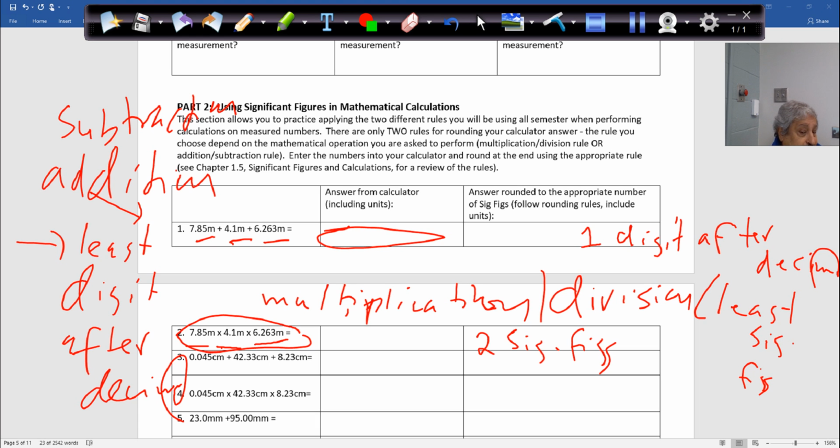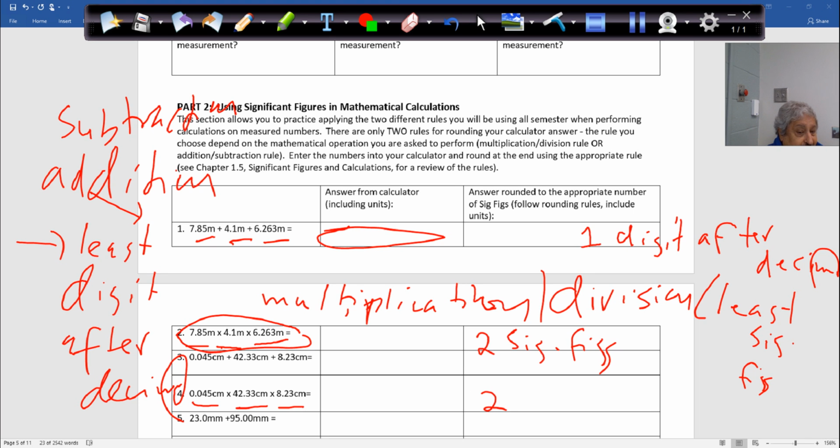Everybody's following? So we go with the least? Here with multiplication, you take the least significant figures. If you add or subtract, the least digits after the decimal. Correct, guys? And the same thing here, how many? This is 3, this is 4, this is 2. So you have 2. Correct?